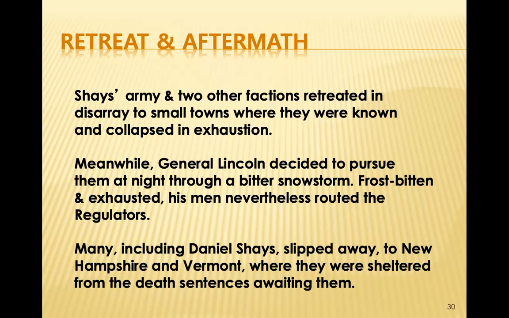Frostbitten and exhausted, they were still getting paid well. They tracked down the regulators. A lot of them did get away and escaped to the nearby states of New Hampshire and Vermont, where they were sheltered because they had bounties on their head.